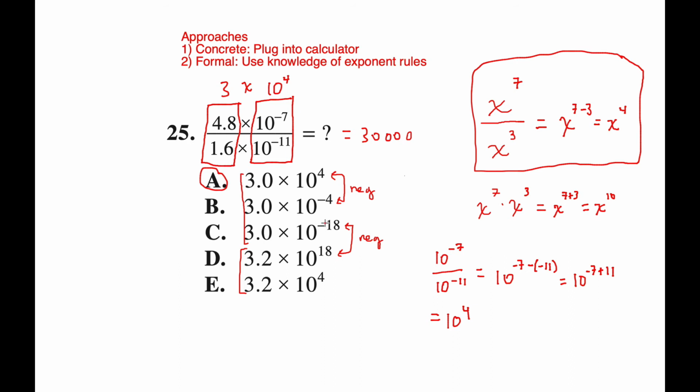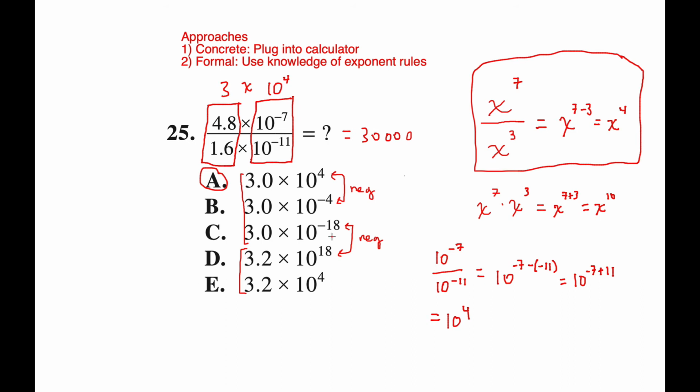For example, with answer choice B, we can see that that answer is there because it's the negative of our current answer. And that might be an easy mistake to make if someone is trying to do this in their head maybe, and they vaguely remember the exponent rules, and they're like, well, there's a difference of negative 4 here from negative 7 to negative 11, so that must be it.